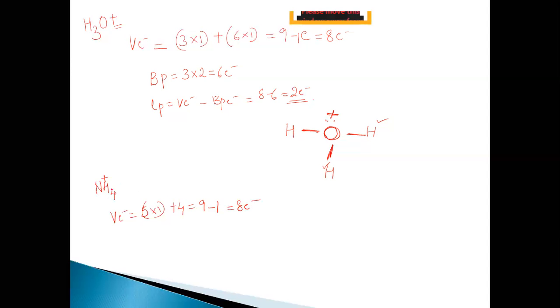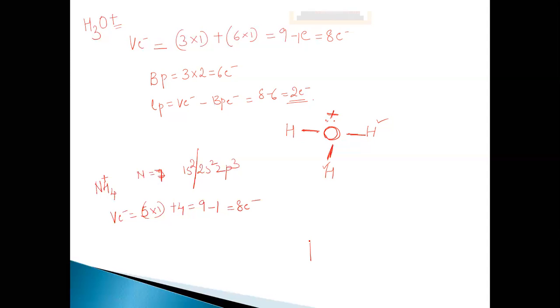This nitrogen has atomic number 7, so it is 1s2, 2s2, 2p3. So the outermost electronic configuration is 5 here. So 5, and hydrogen is 1, with a positive charge so minus 1. The total number of electrons is 8.